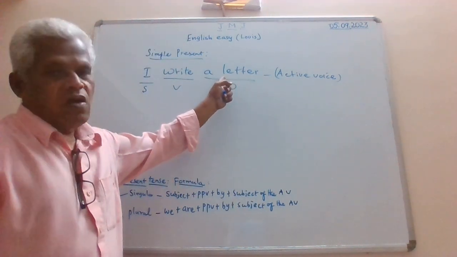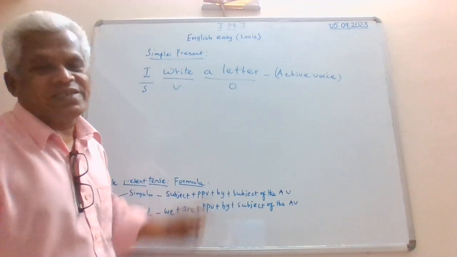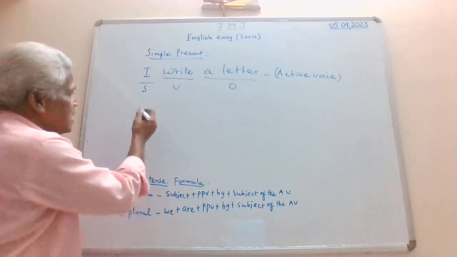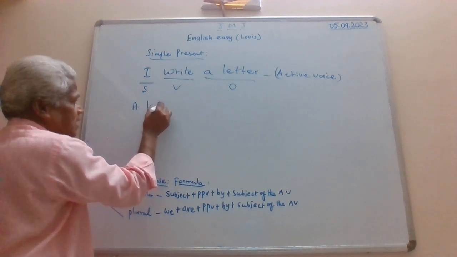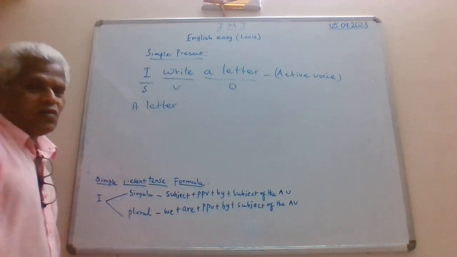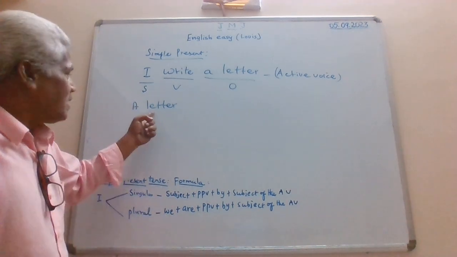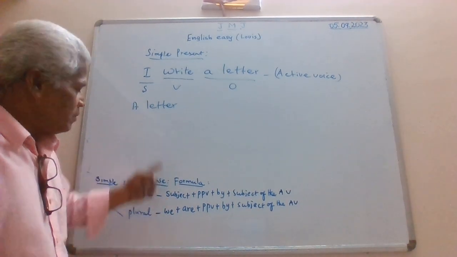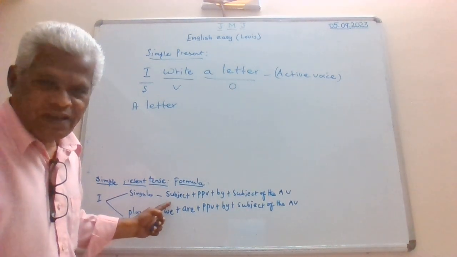Object of the active voice becomes the subject of the passive voice. So let me write the object here as a subject: letter. This is what I mean by subject here. You get what I mean?